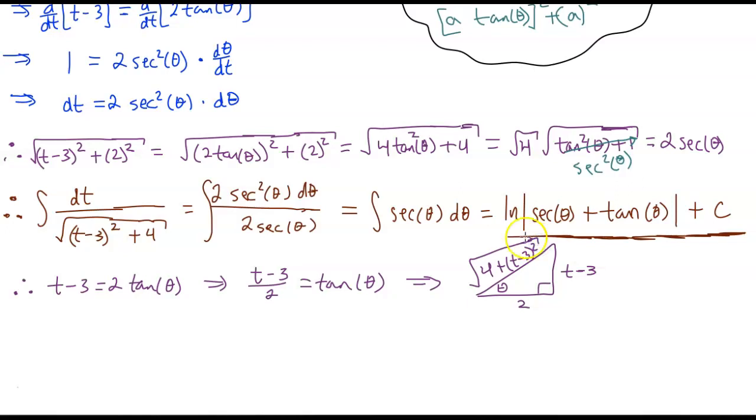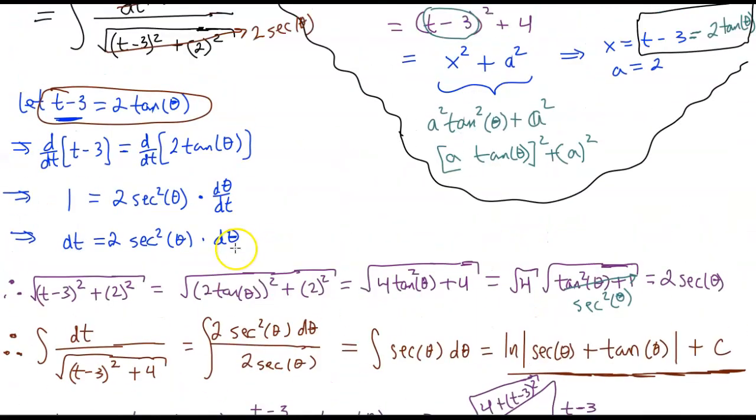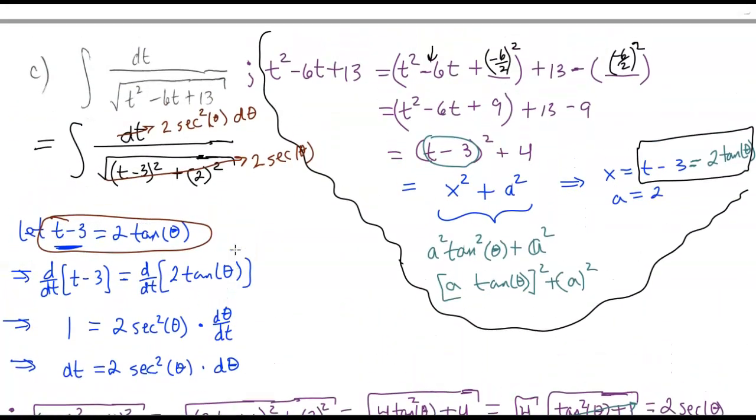Okay. Now, that should look a little familiar to you because 4 plus t minus 3 quantity squared is essentially what we had in our problem here. So if you remember this, here is this t minus 3 squared plus 4, which is 4 plus t minus 3 squared, and square root of that.